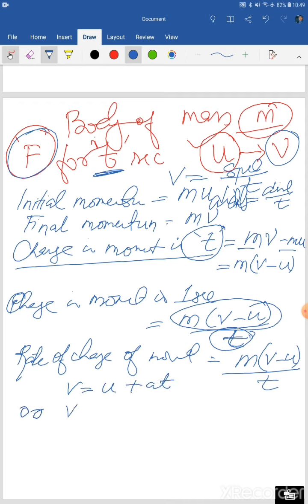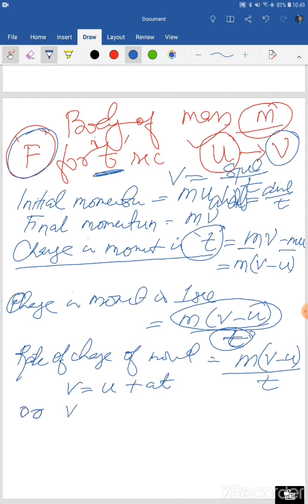So these two give us a new law called Newton's second law of motion, which says that the rate of change of momentum is directly proportional to the force that you are applying on the body, and this change in momentum takes place in the direction in which the force is applied.